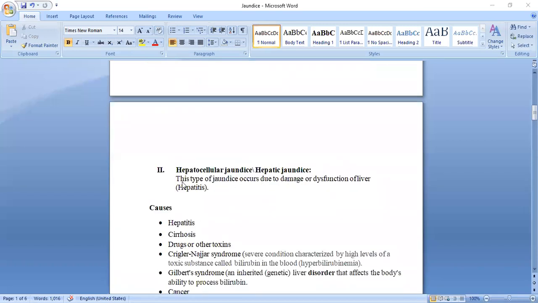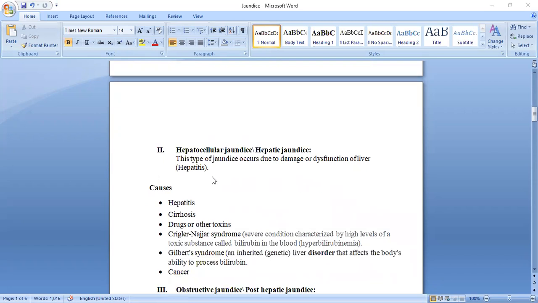Now we are going to see hepatocellular jaundice, also called hepatic jaundice. It is actually damage to the liver cells, or dysfunctioning of the liver. That is why it is called hepatitis, inflammation of the hepatic cells, which are present in the liver.